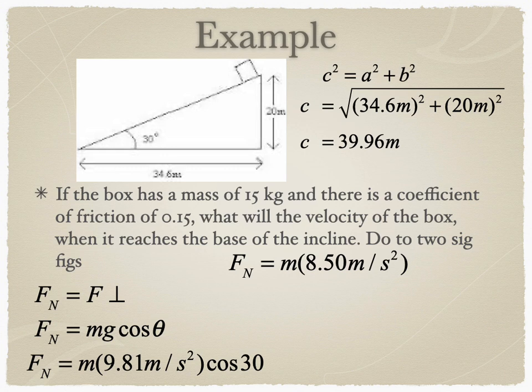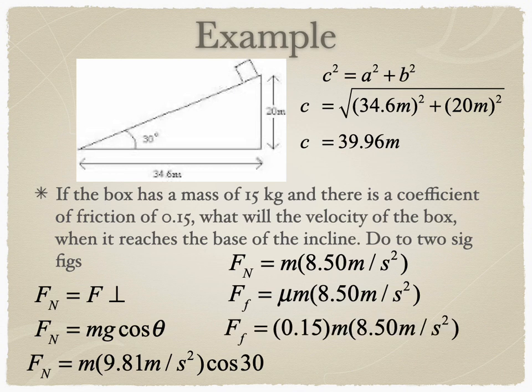So that's going to make our force of friction, our coefficient times m times 8.5. Our coefficient of friction was 0.15. And we'll multiply that by our 8.5, still leaving that m there. So we've got force of friction is equal to m times 1.27.